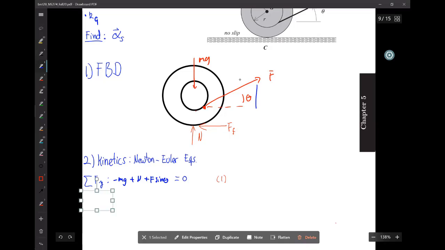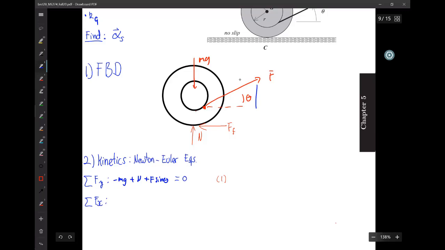Now, summation of forces in X, we have force cosine theta, minus the friction force. Here, actually, I assume friction to be to the left. But this is an assumption. The equations are going to tell me whether this is true or not. And then this equals the mass times the acceleration of point G in X.